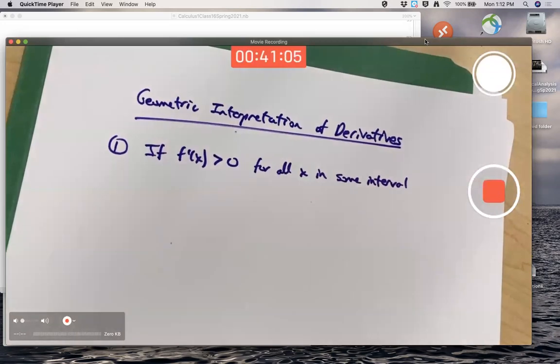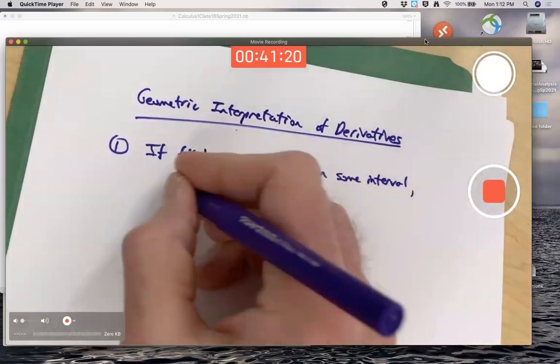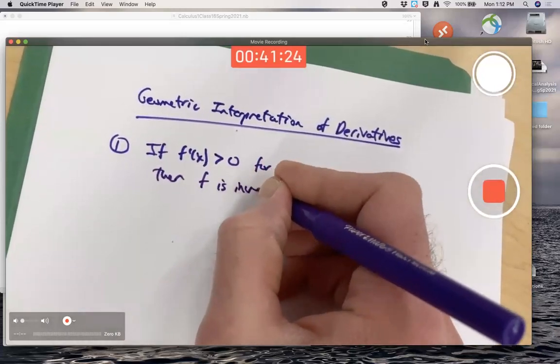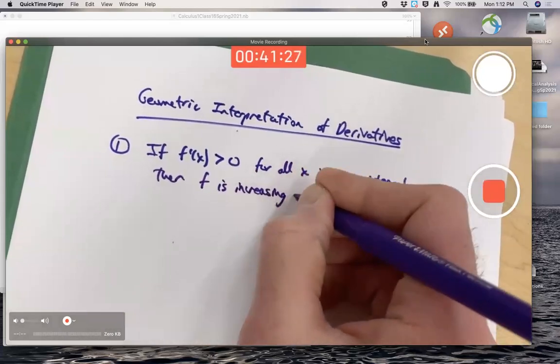It could be the entire real number line, or some interval like an open interval from 1 to 7, containing all the numbers between 1 and 7, but not, say, the endpoints. The conclusion is then f is increasing on that interval.